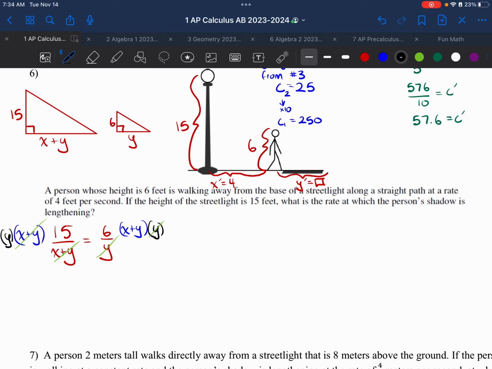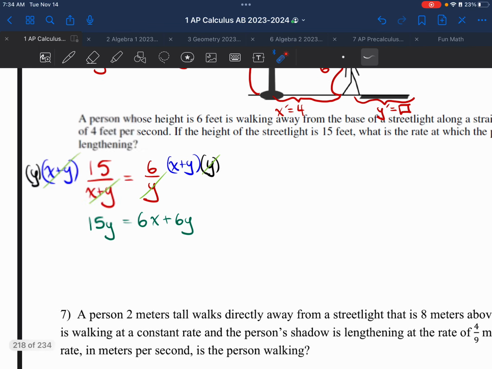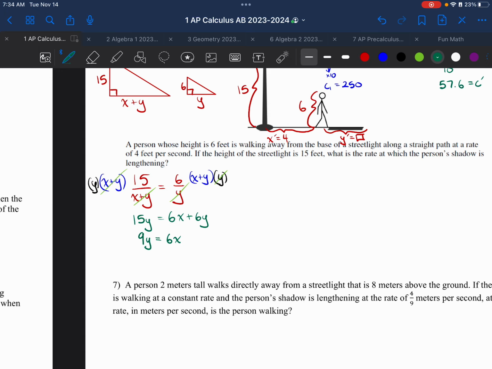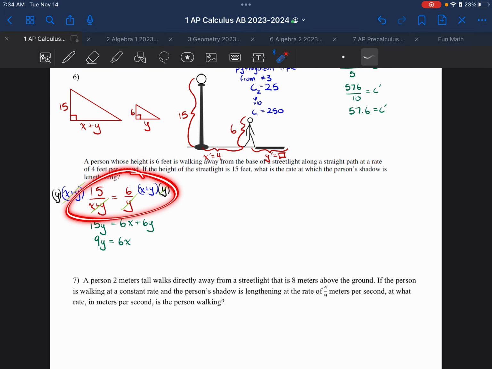I get this cool equation that says I have 15y on the left, and I have 6x plus 6y on the right. And notice, I have some y terms here and y terms here. Let's get the y terms on the same side. So I'm going to subtract 6y, and I get 9y. 9y is equal to 6x, which is much, much easier than the original equation, which was still complex.